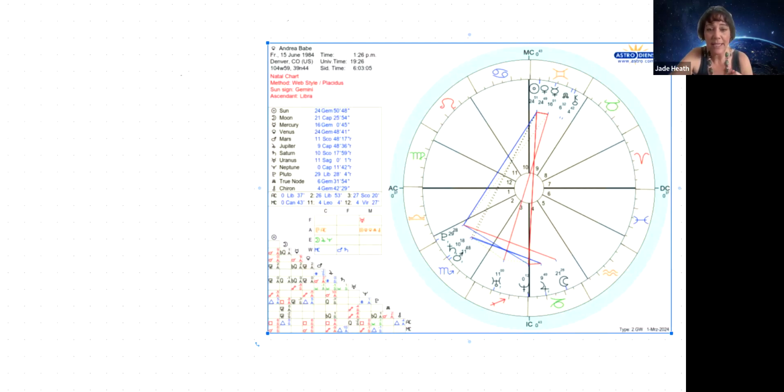And you can see where the energy of this person is. So there is a lot of air in this chart. You can see 1, 2, 3, 4, 5, all of those planets in Gemini and points that we had in Gemini. And we also have Pluto, which is in the sign of Libra at 29 degrees.